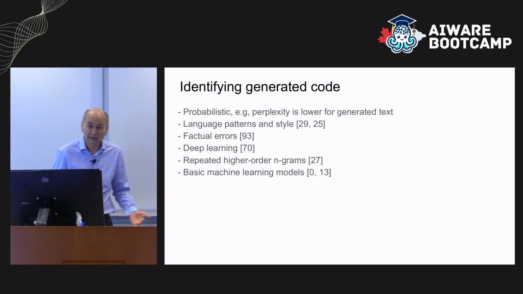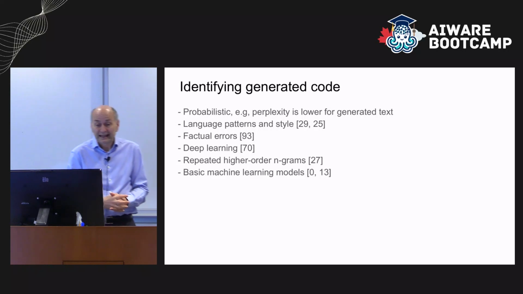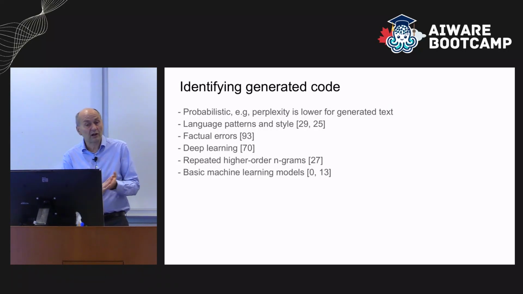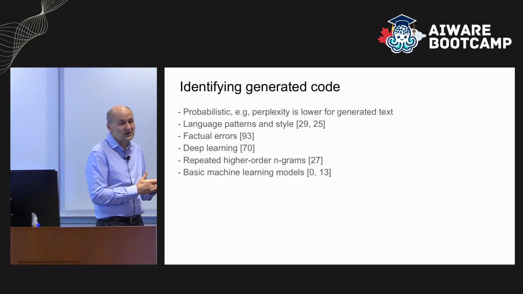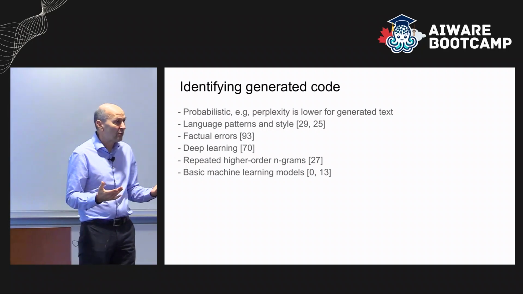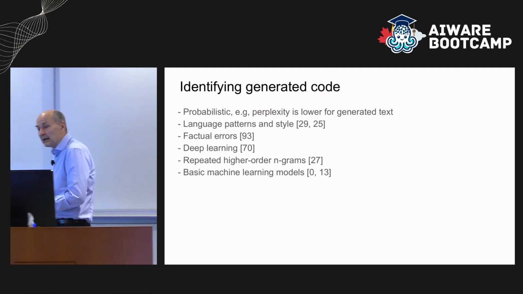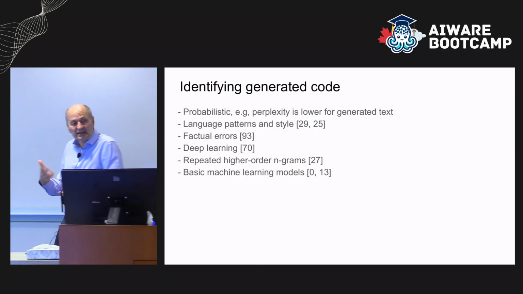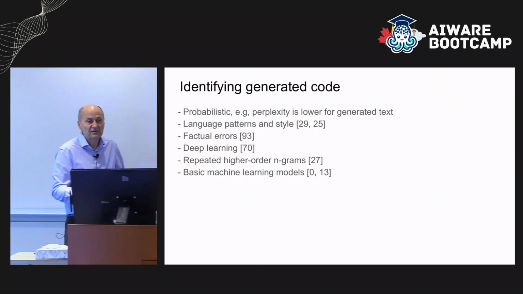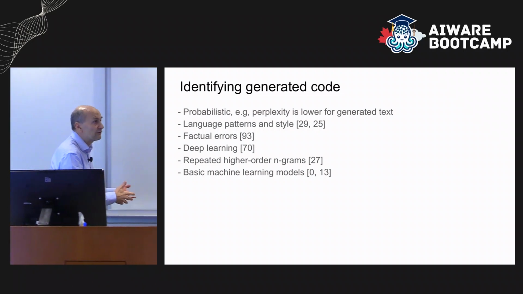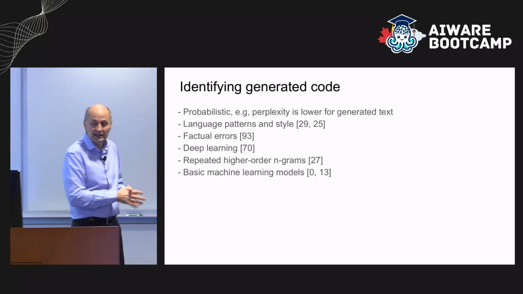For that, you might need the model, so it might be complicated. Other approaches involve language patterns and style. Turns out that content is not so important. Because text is written by people, they have a certain style which may be different from the style that these LLMs produce.